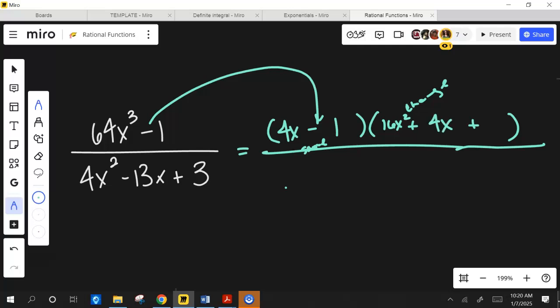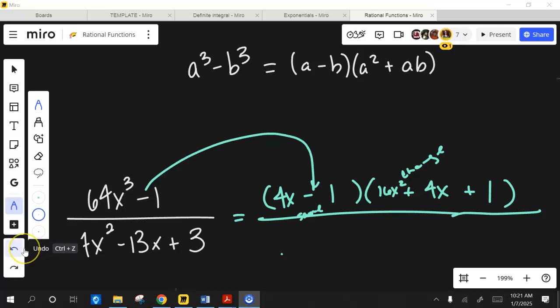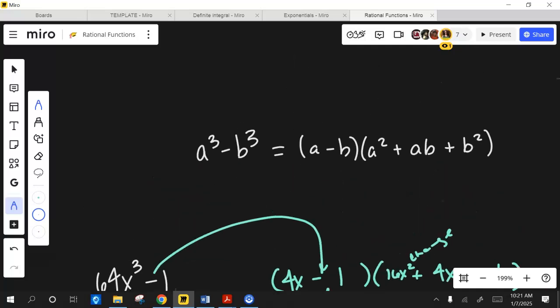So 4x, and what's the end? 1. If it wasn't a 1 in the first one, you would square up and in. So yes, we multiplied 4x and 1, that's why we have 4x.